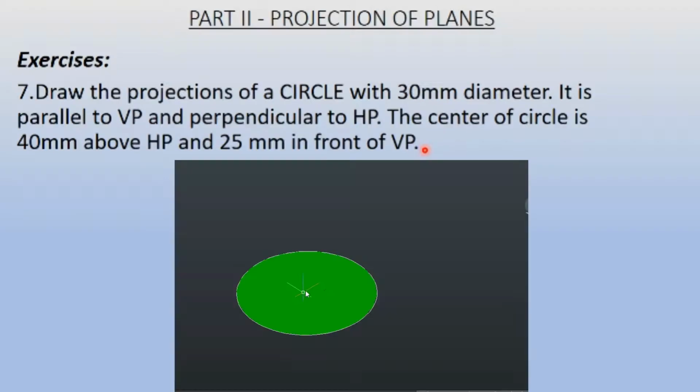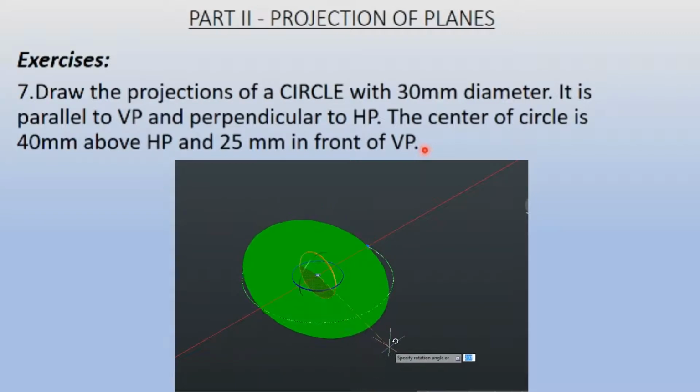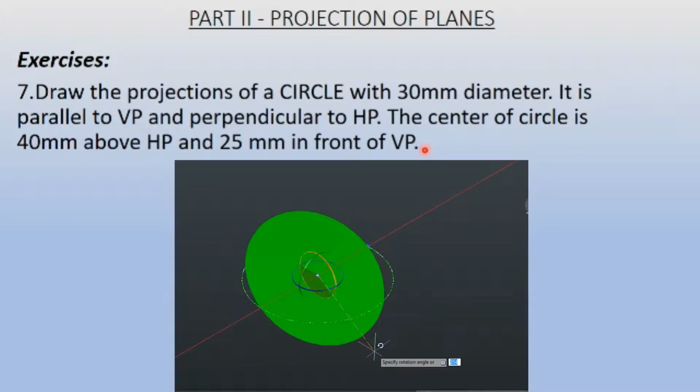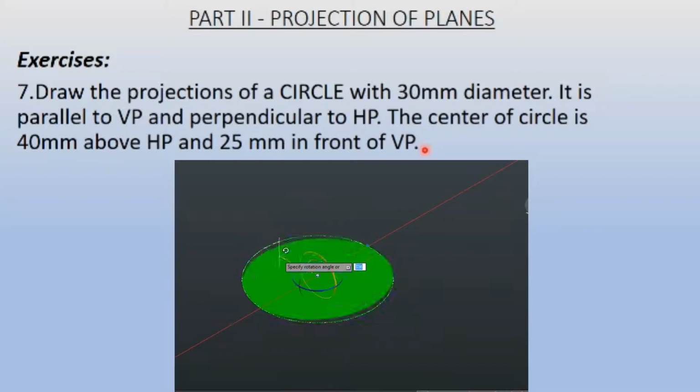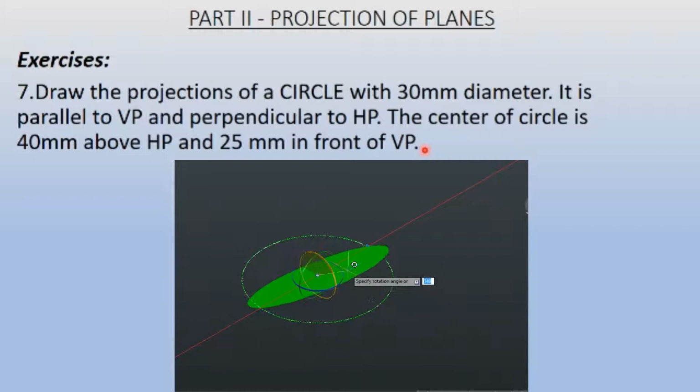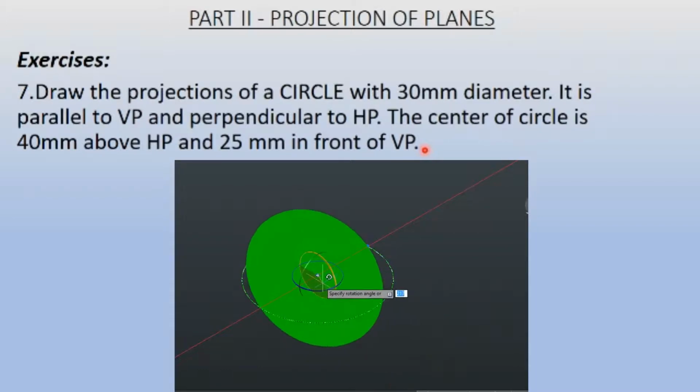So here we have a circular plane. As we have already seen, planes have no thickness, that is, very negligible thickness. It will have only two surfaces, we can say a front surface and a back surface, which will be similar, and it is going to have a center like the solid body.